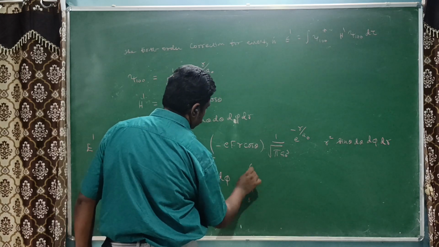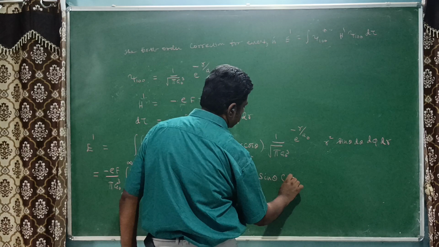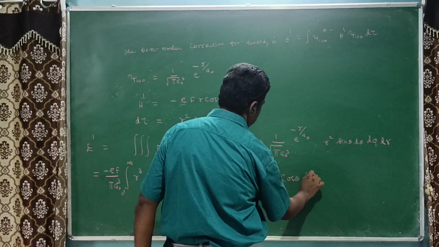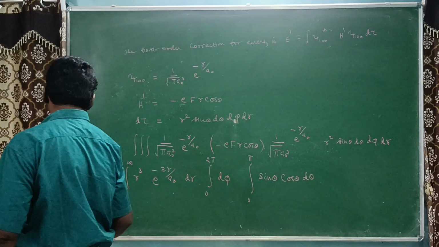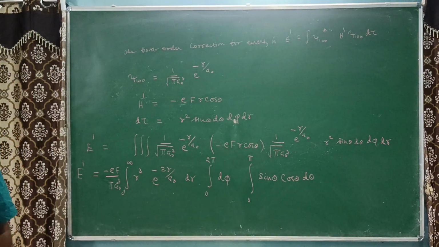Then the integral from 0 to pi of sin theta cos theta d theta. This is the first order energy correction term.